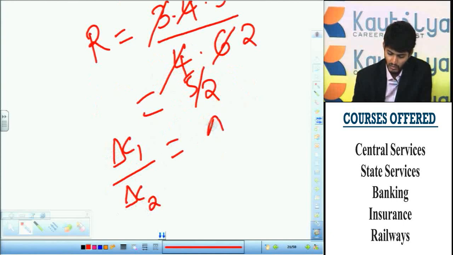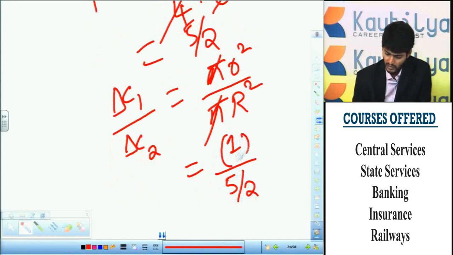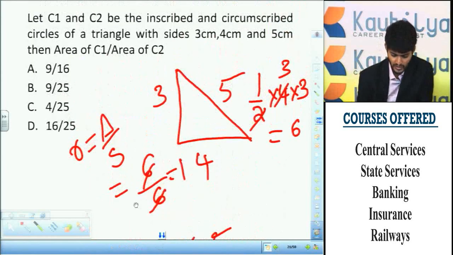So here you will have pi small r square, here you have pi capital R square. So you need not worry about this pi because this will get cancelled. So small r is equal to 1, capital R is equal to 5 by 2, 1 square divided by (5 by 2) whole square, which will be (2 by 5) whole square. So the final answer would be equal to 4 by 25.